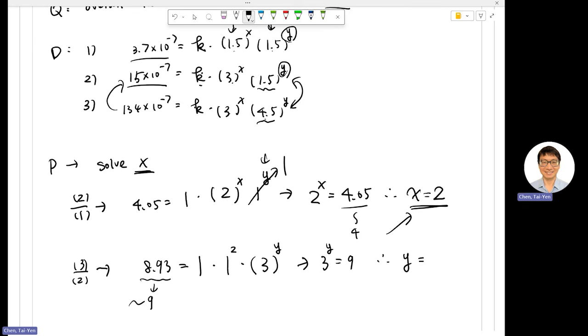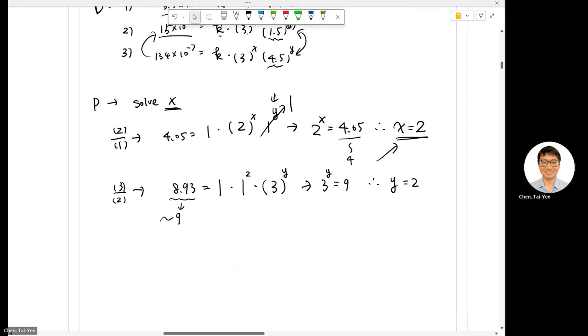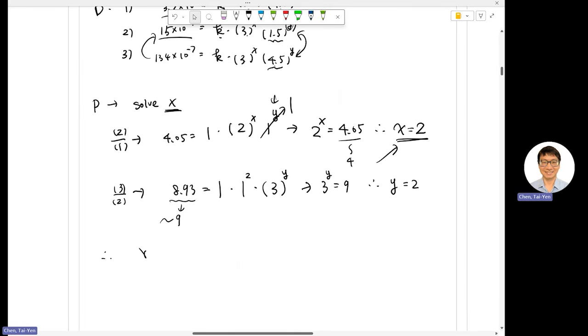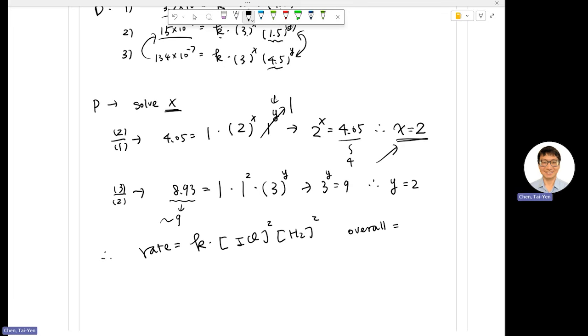Therefore, your Y also equals 2. Therefore, your reaction rate is going to equal rate constant k times ICl squared H2 squared, and the overall order will equal 2 plus 2. It's a fourth order reaction.